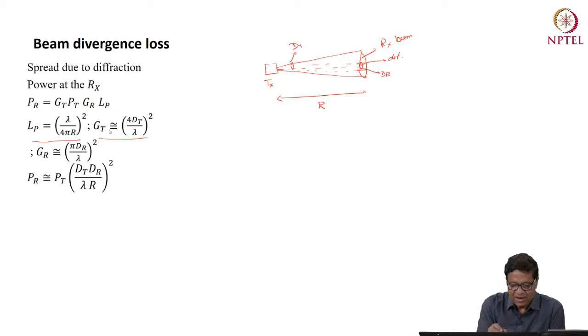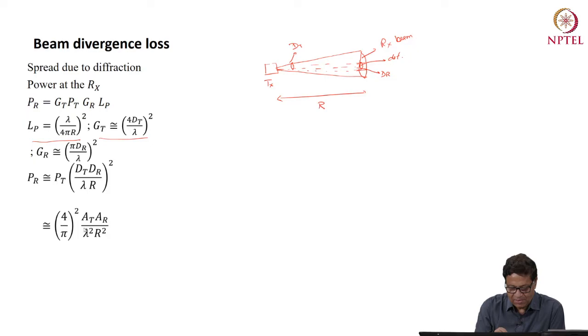So if I put the values of GT, GR and LP here, then what I get is PR is equal to PT, transmit power, into dt over dr divided by lambda r whole square. And if I convert this dt into area, using area is equal to pi r square or pi dt by 2 whole square, we have assumed.